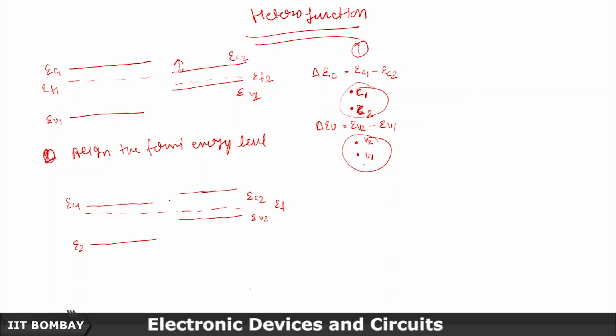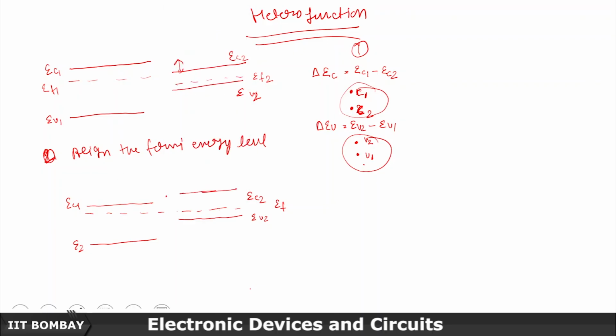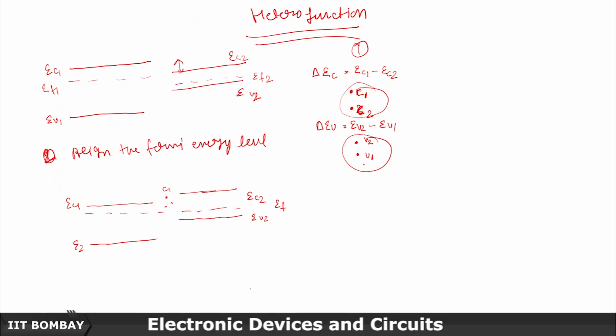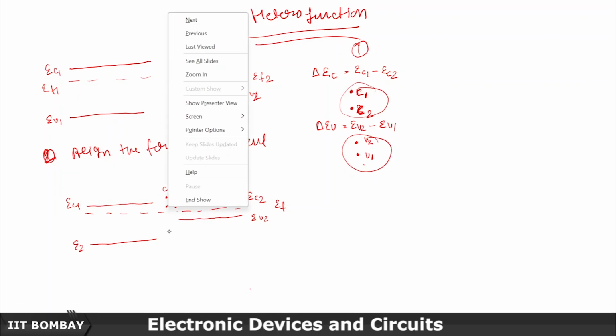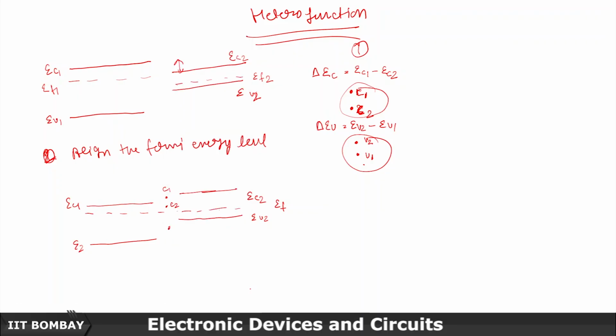So we know that C1 is here and C2 is here. Similarly here V2 is upward and V1 is here.